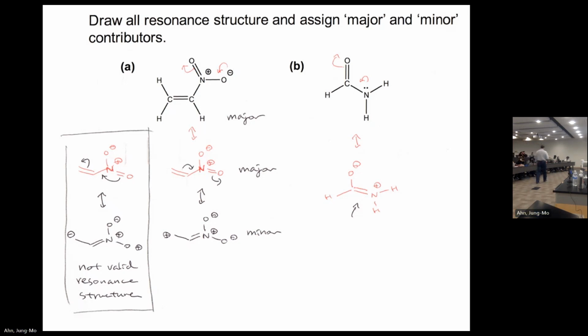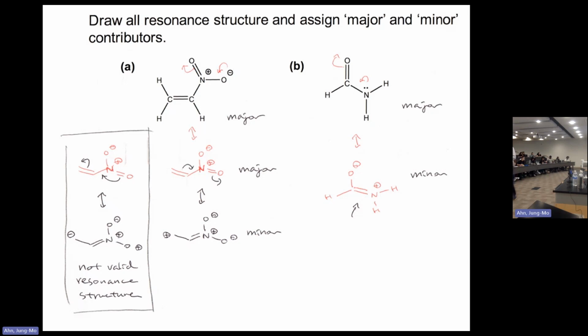Why? Because the nitrogen now has a double bond with the carbon, so the single bond shown like this, through resonance, looks like a double bond. That's what makes it significant. We'll discuss it later, but this is a very significant resonance structure.